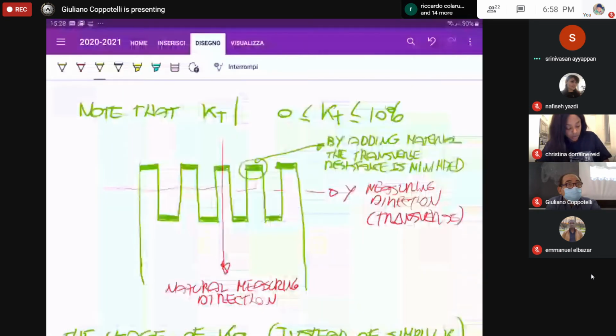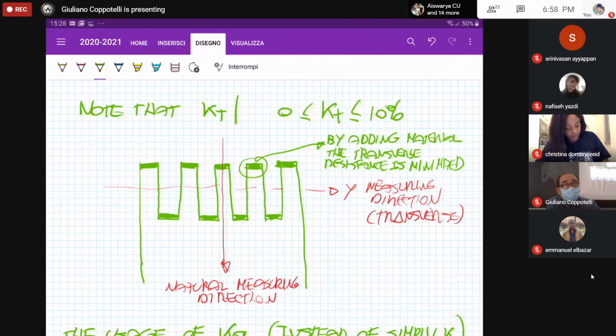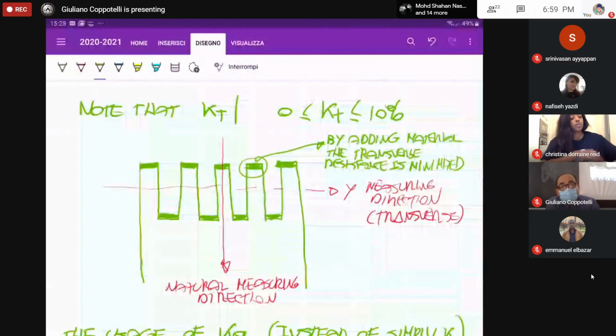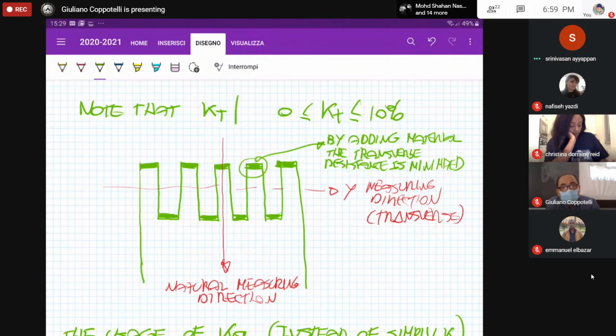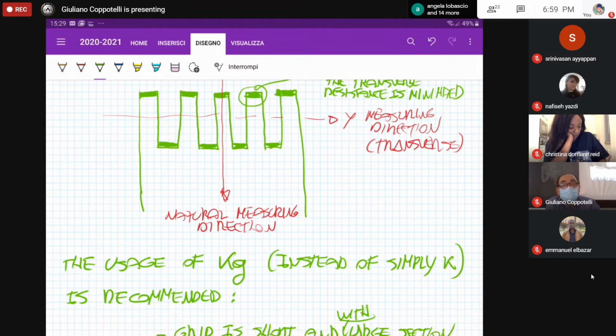So you would like to minimize that. The larger the thickness, the higher the cross-sectional area of the cable, and by recalling the formula that gives you the resistance, you have a very small value of the resistance there. Therefore the contribution to the change of the resistance is limited. That's the reason why we are doing that. And therefore you are right, by increasing this thickness, so the area of the cable, you are minimizing the transfer sensitivity effect.